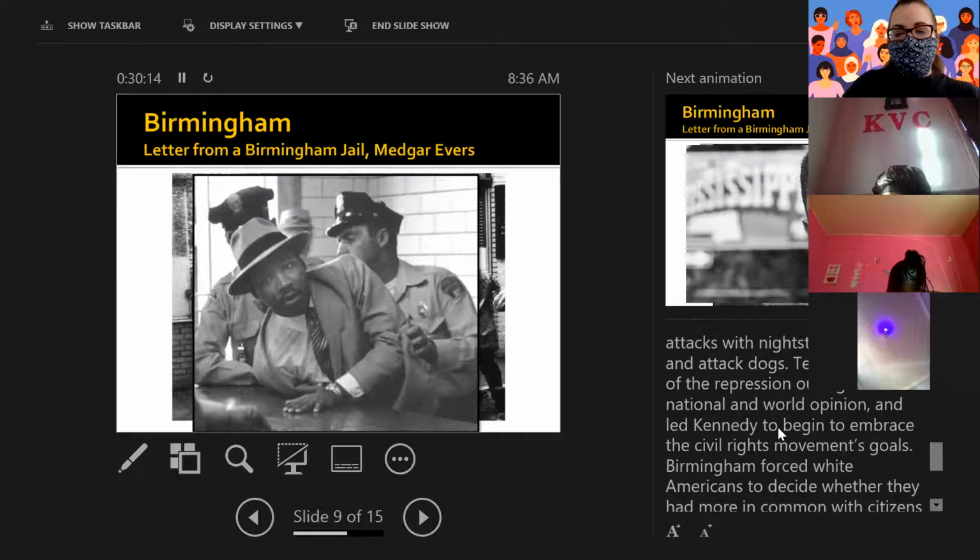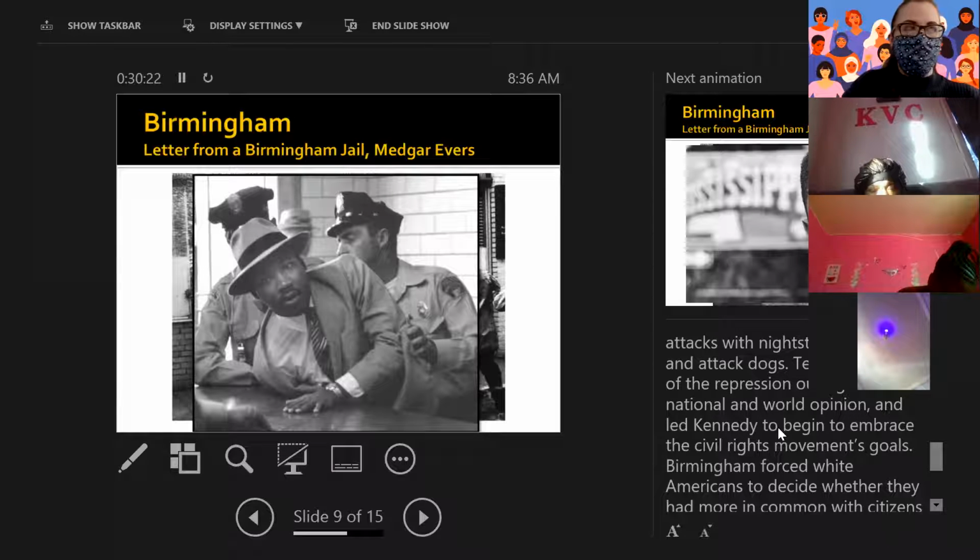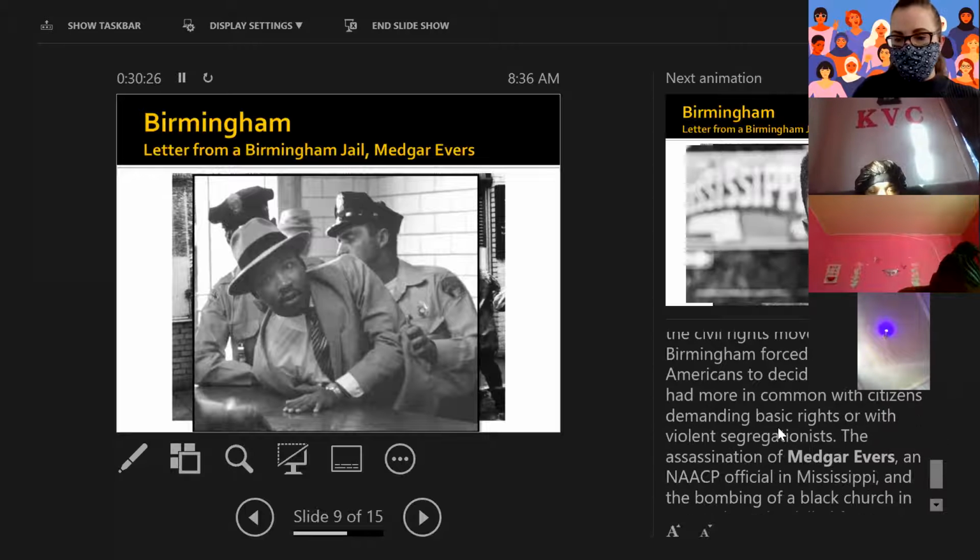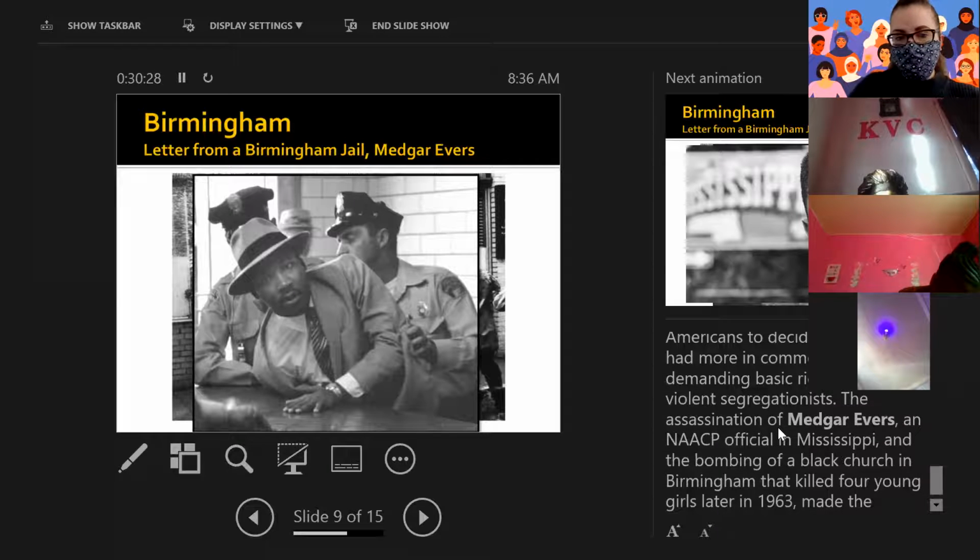The televised images of this repression of civil rights led Kennedy to fully embrace the civil rights movement alongside many white Americans. What happens in Birmingham is what forces white Americans to choose whether or not they are going to support the civil rights movement.